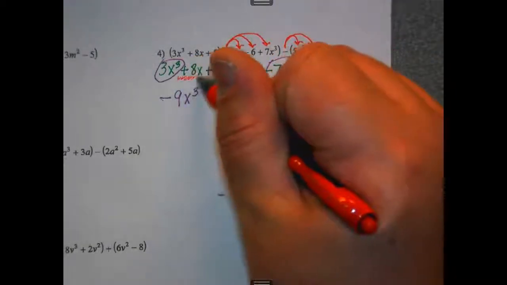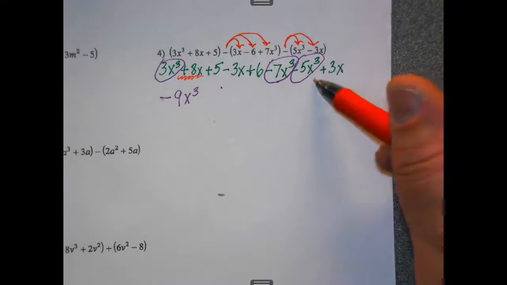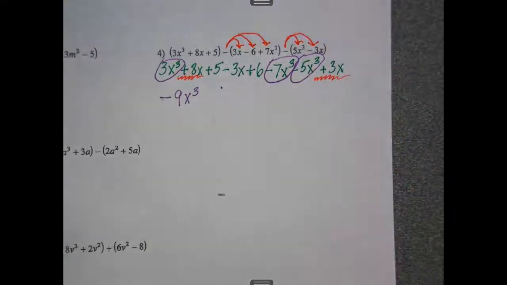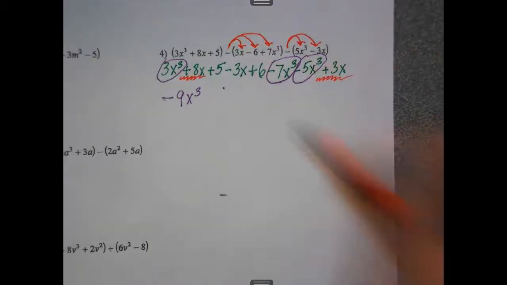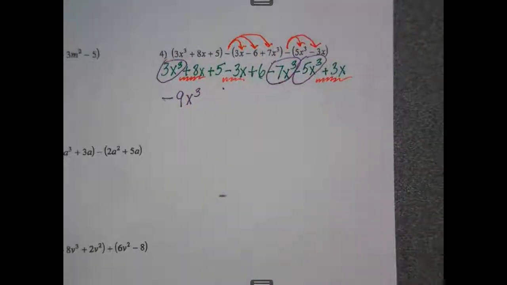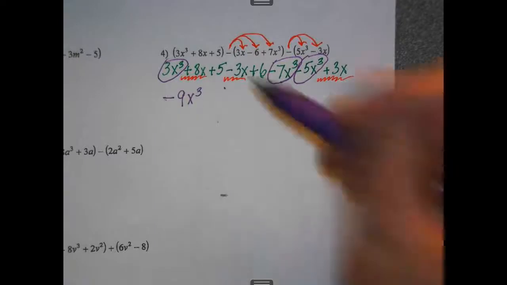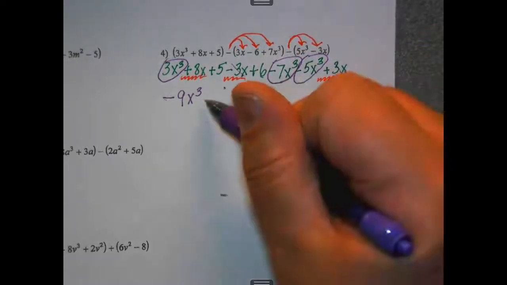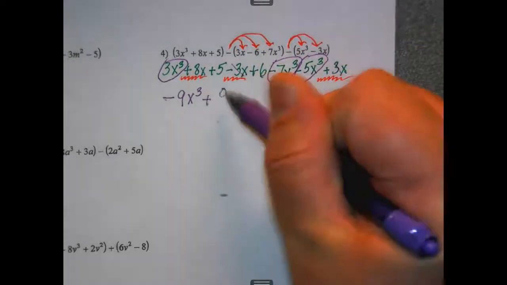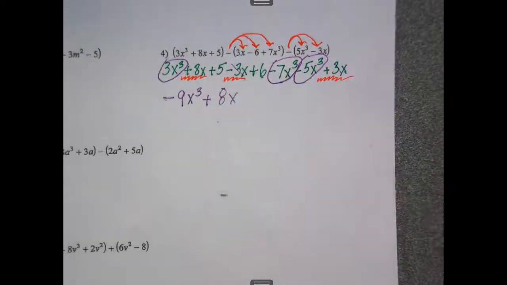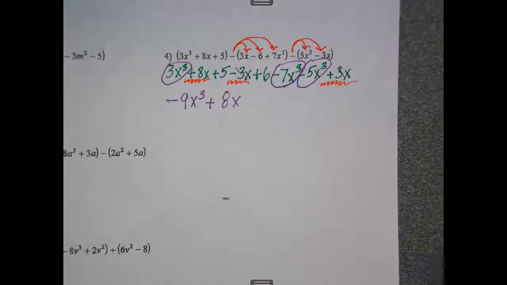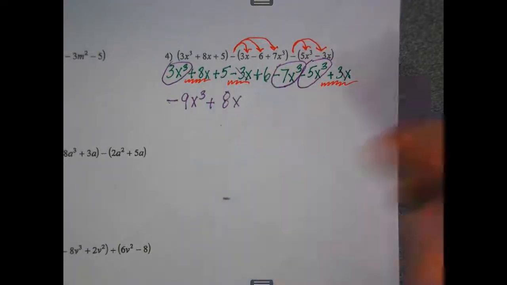I have an 8x and a 3x. Oh, I got a minus 3x in there too. Thank you. It'd just be the 8x because these cancel out. And then my numbers, 5 and 6, right?